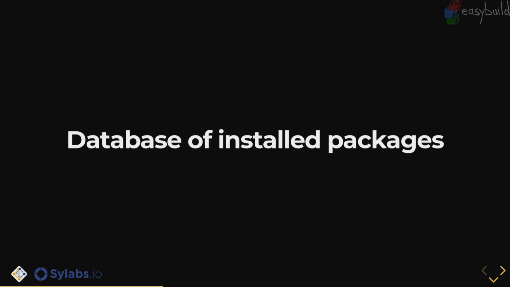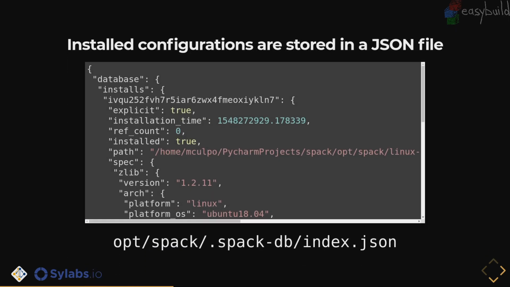The second core concept is that we have a database of installed packages. Whenever you install something with Spack, you build up a JSON database with a lot of metadata on what has been installed. Metadata such as whether the request was explicit, that is, is this an implicit dependency needed to satisfy some user request, or something the user requested explicitly.